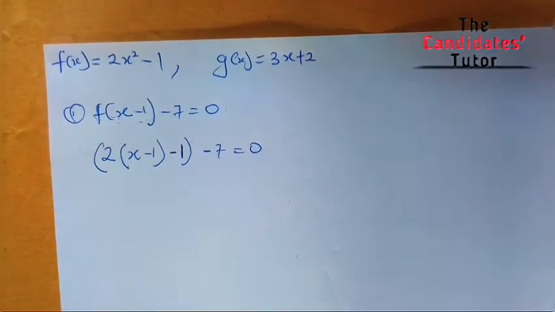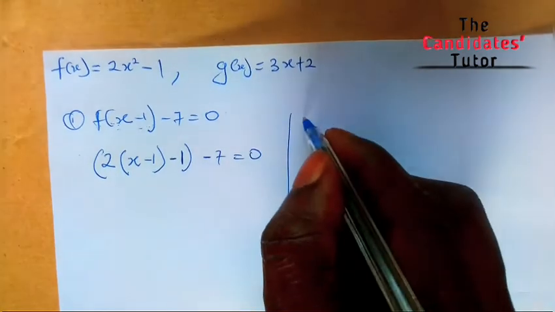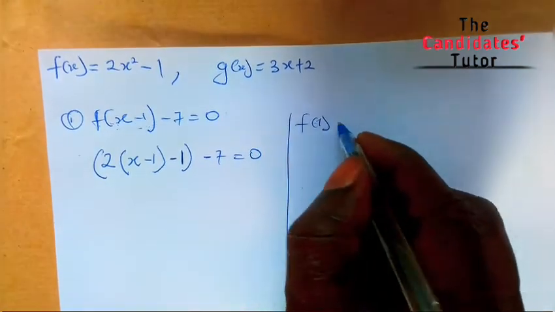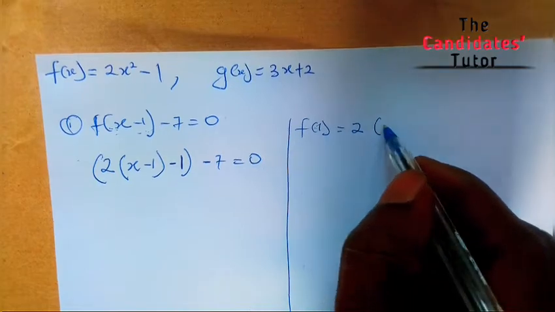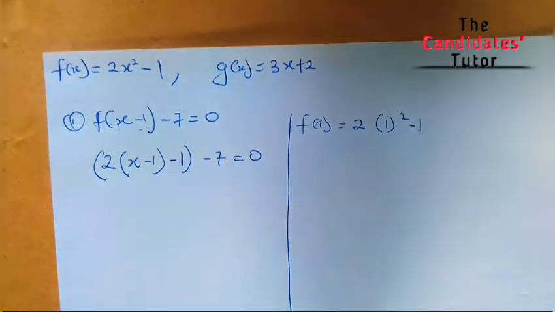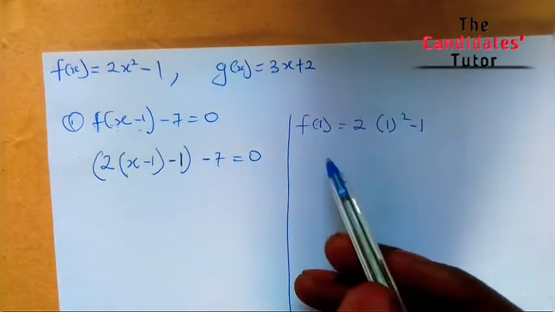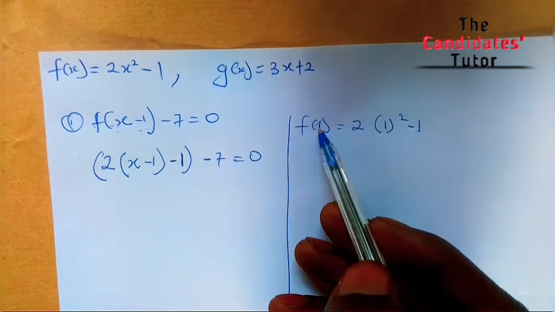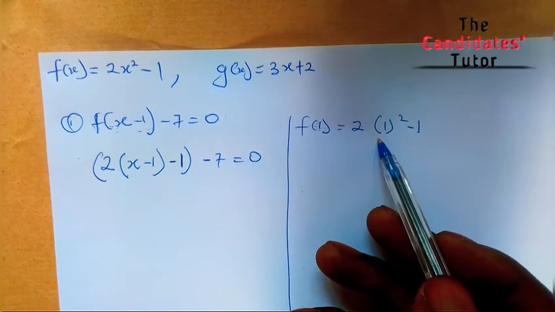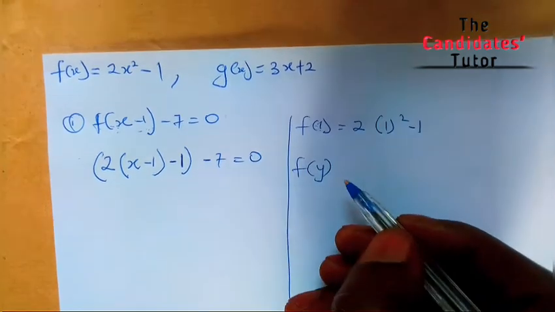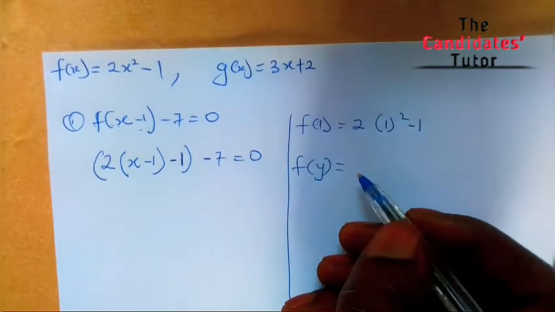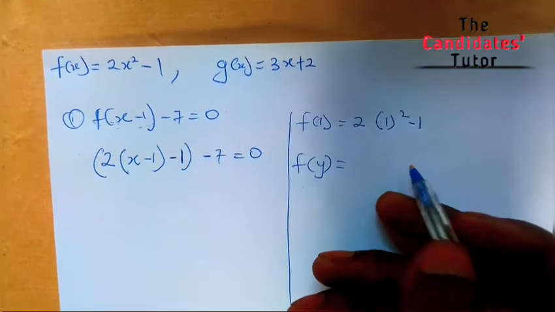Why are we doing it this way? Simply because if we should have something like f of 1, it's going to be 2 into brackets 1 squared minus 1. This means that wherever we see x, you're going to put 1 there, and I'm sure you understand this. And if you have something like f of y, it means that wherever we see x, you're going to put y there.